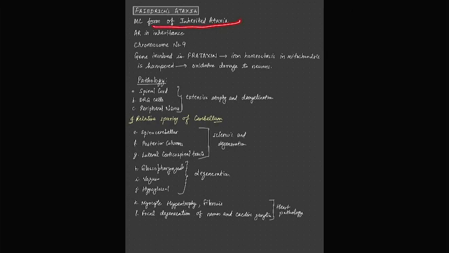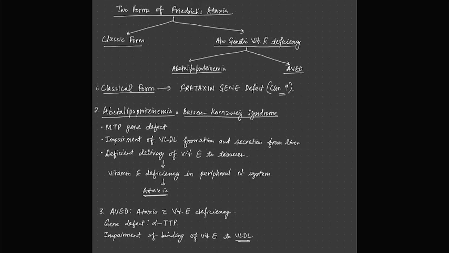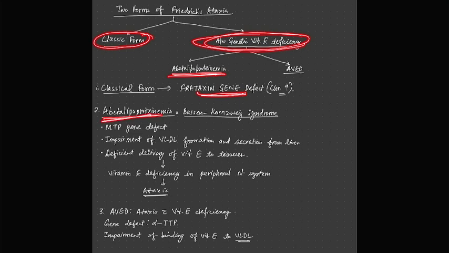Most common form of inherited ataxia. Pathology we have understood. Relative sparing of cerebellum. Two forms of Friedreich's ataxia. One is the classic form, frataxin gene involvement, and the other is associated with genetic vitamin E deficiency, in which there are two syndromes, abetalipoproteinemia and ataxia associated with vitamin E deficiency, AVED.